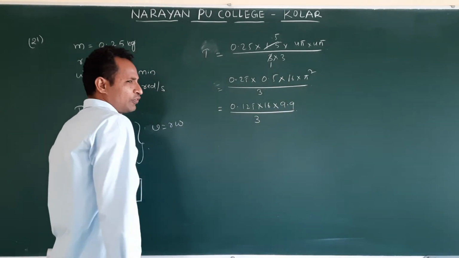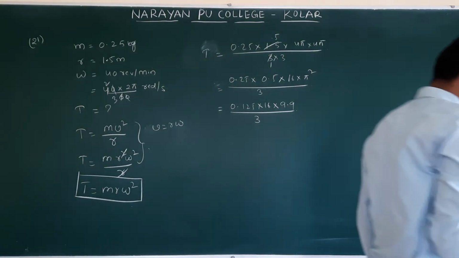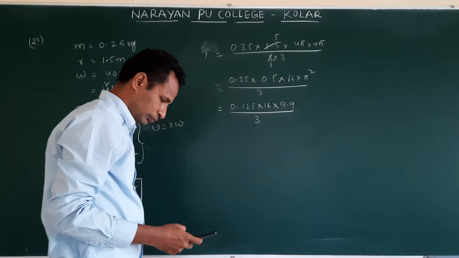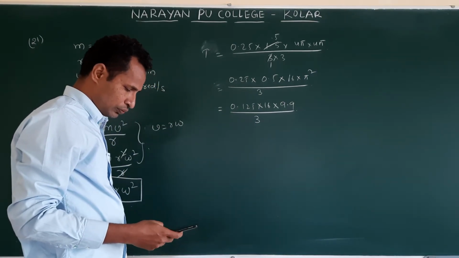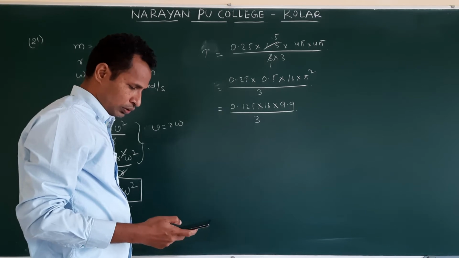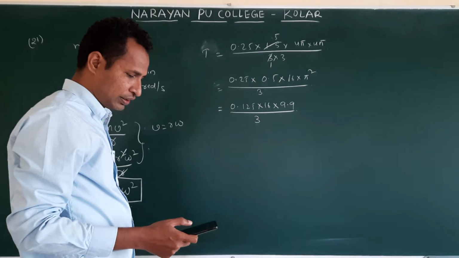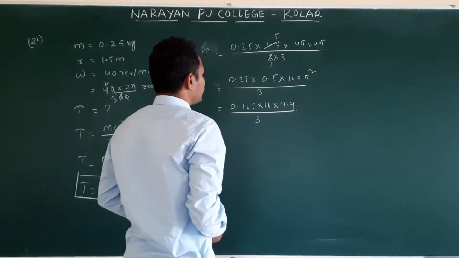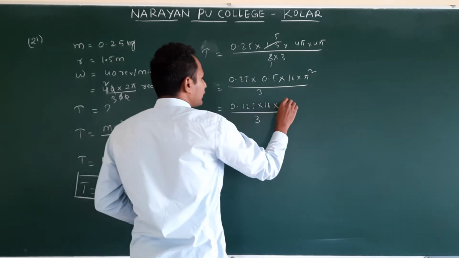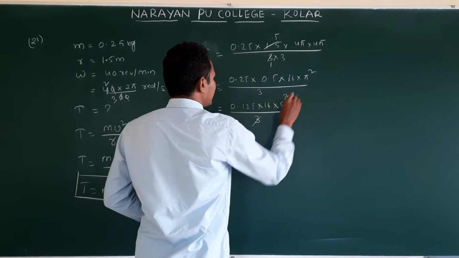Pi square, 3.14 into 3.14. If you do that, it is 9.8 or 9.85. So for cancellation I wrote 9.9, 3 ones, 3.3.